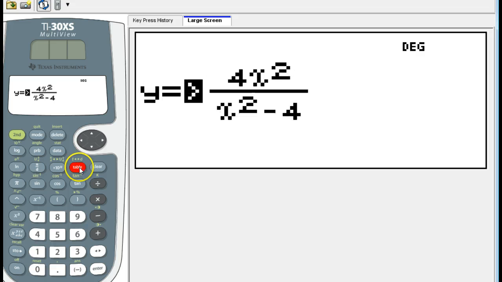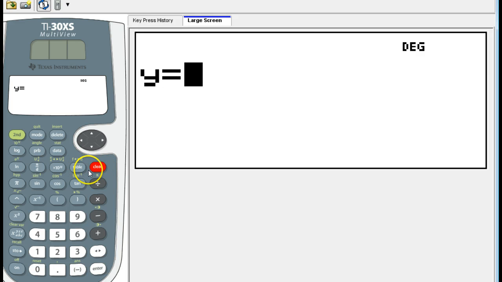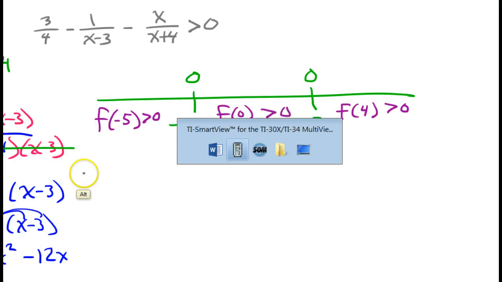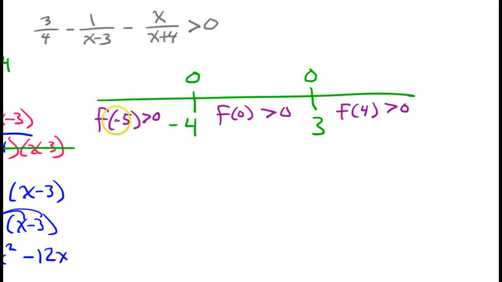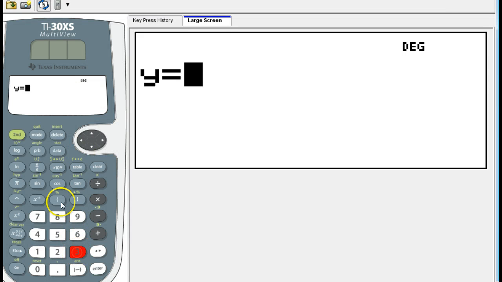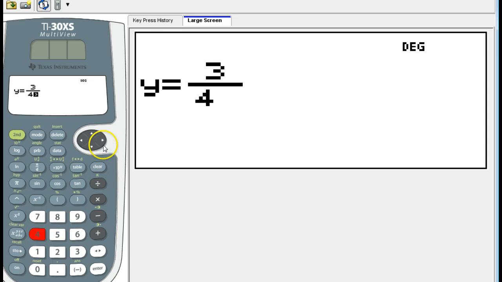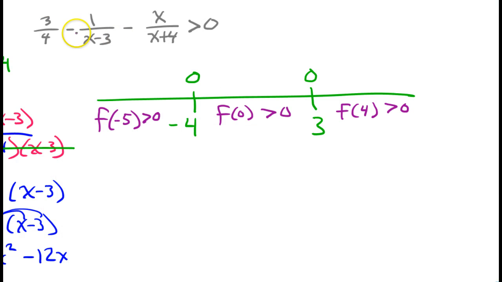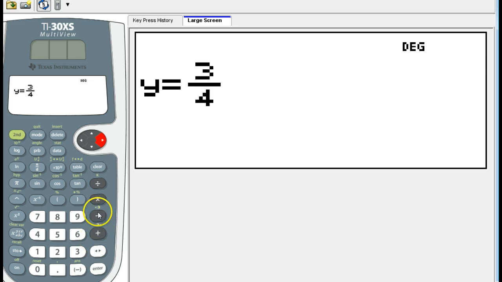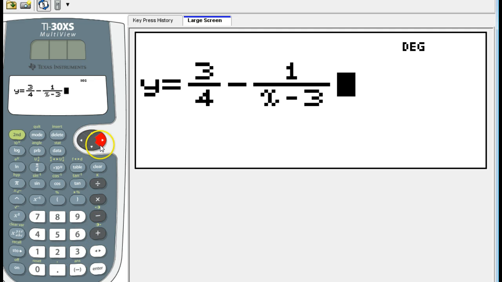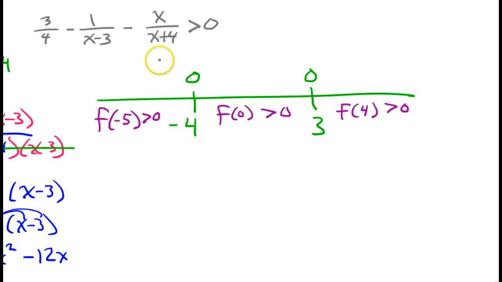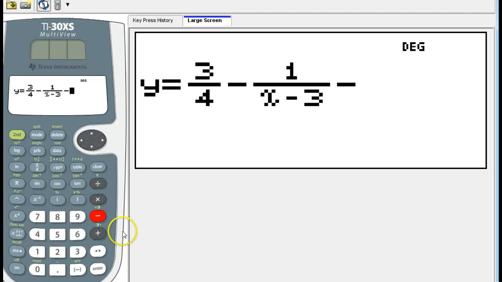So I go to my table feature, clear that out. Alright, so I've got 3 over 4, minus 1 over x minus 3, and then minus x over x plus 4.